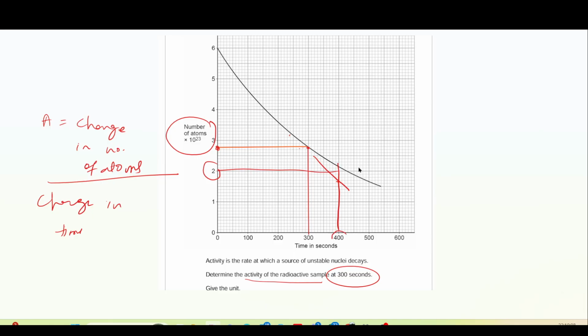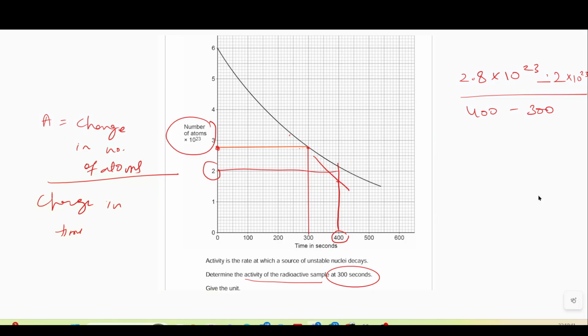At 300 it is 2.8 times 10 to the power 23, minus this, which is 2 times 10 to the power 23, and then we divide it by 400 minus 300.